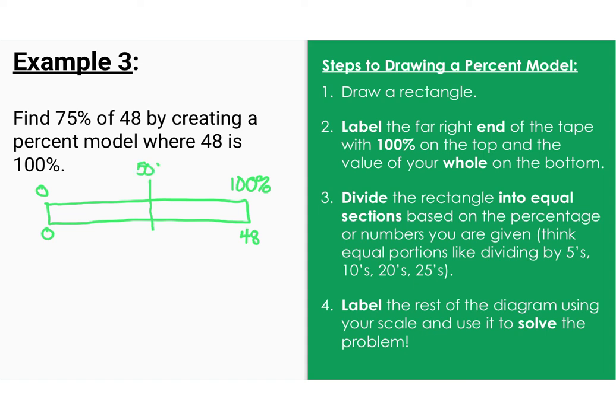And 100 divided by 4 is 25%. So we have 12, 24, 36, 48. So now it wants to know what 75% of 48 is. So if I go to 75%, 36 lines up.